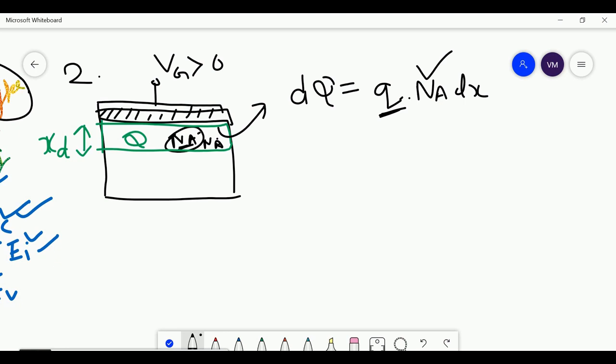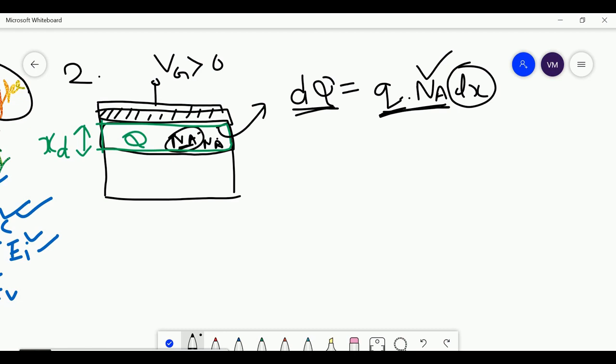This qNa means the charge of all the acceptor ions, and when I multiply it with dx, that is the charge of only the acceptor ions in this much depletion layer. I'm again repeating why I have written the total charge in this depletion layer as qNa dx.